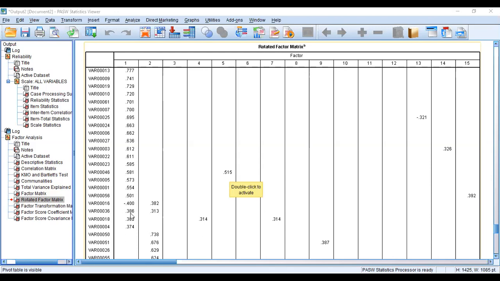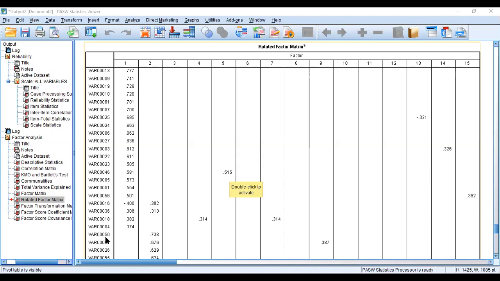Question number 36 has clubbed under again two factors, 1 and 2, but the higher value is under factor 1. Question number 56 has clubbed under factor 5 as well, but the higher value obviously is under factor 1, so we'll consider this question under factor 1.